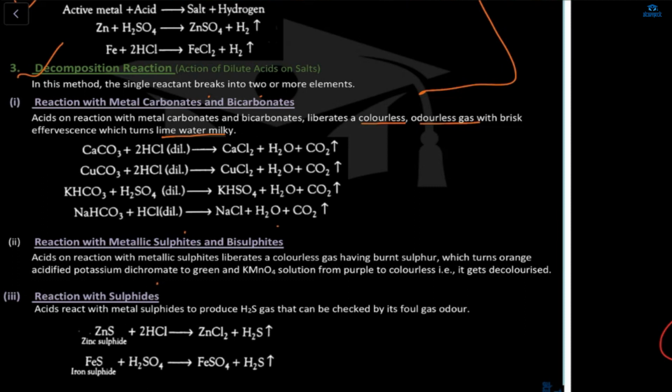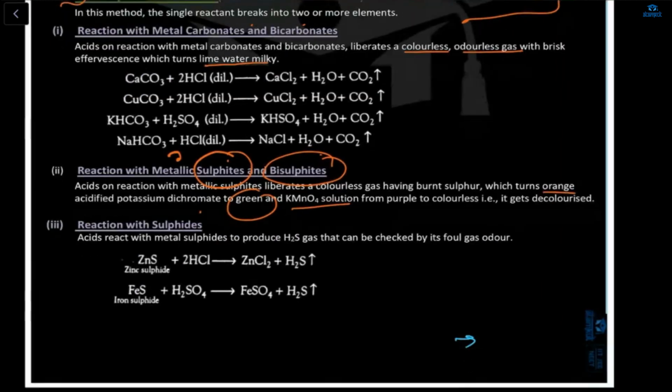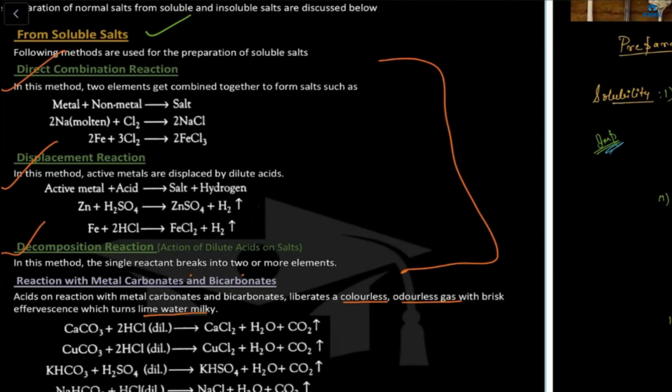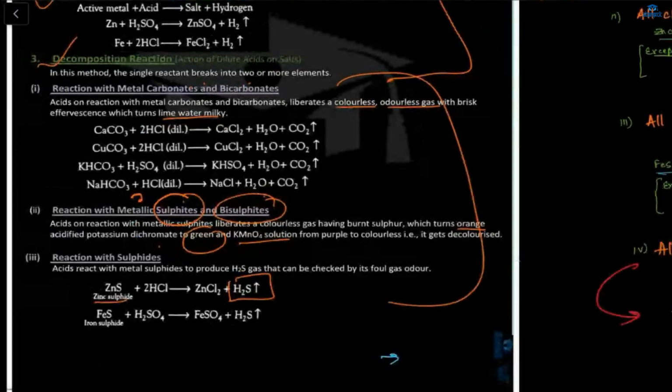With the metallic sulfites and bisulfites, when acid reacts with these two, it will turn orange acidified potassium dichromate into green and KMnO4 solution from purple to colorless. Next, reaction with sulfides. This is the simplest one. It will produce H2S gas. So soluble salts, only three things, and these three are different.